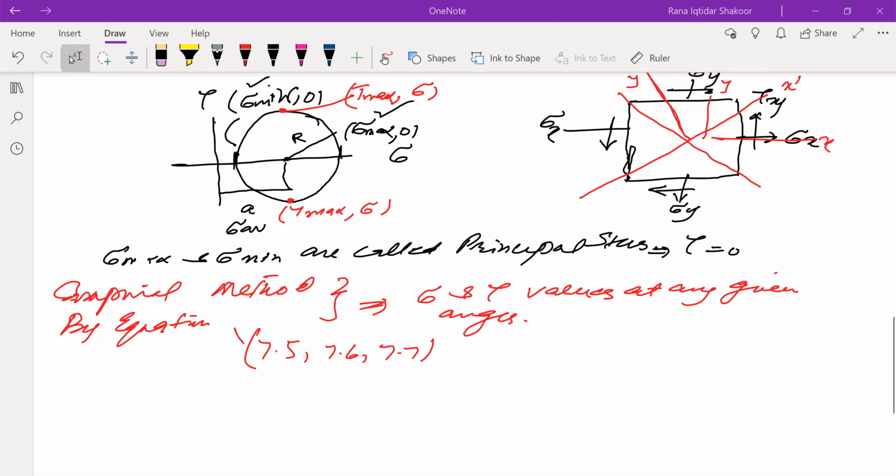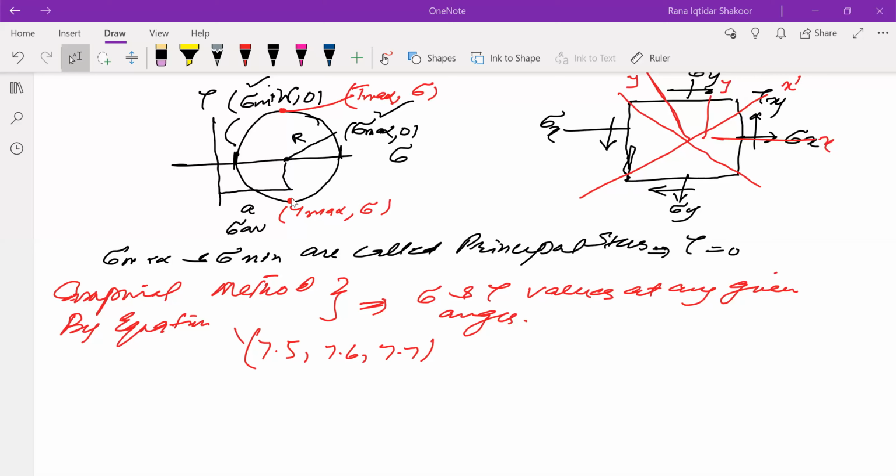Fine. Sorry. So by the equations, we will go for this stuff, and then we can go accordingly for the values like this one, right? So there is some problem with this. Fine. And another method is the graphical method.